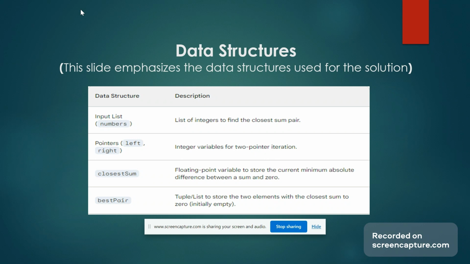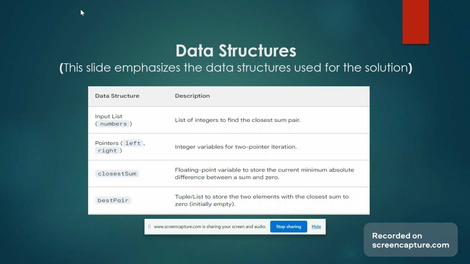We then have the closest sum variable and the best pair variable. The closest sum is a floating point variable, a float in Python, initialized to positive infinity, and it stores the minimum absolute difference between a current sum and 0.